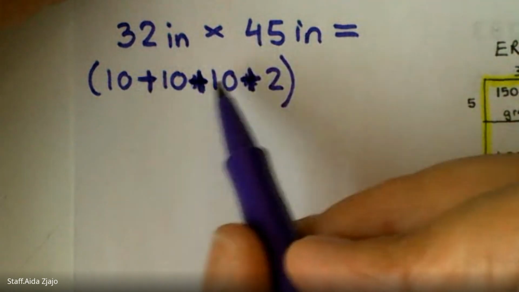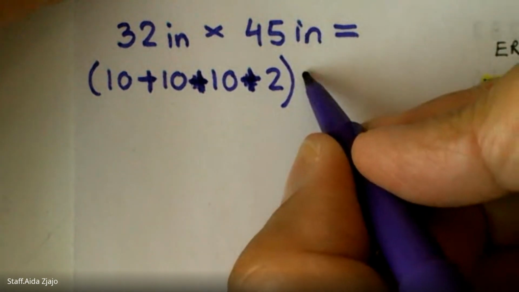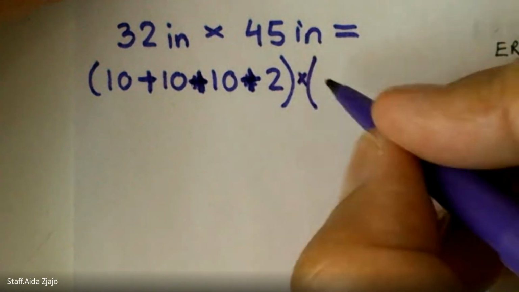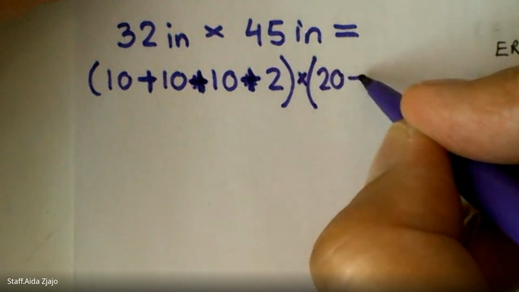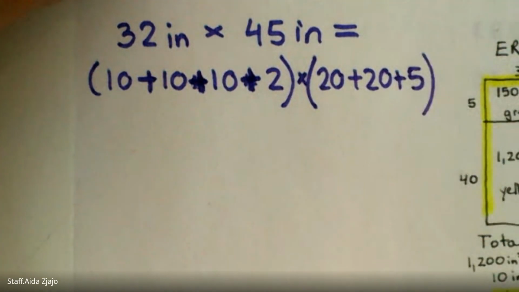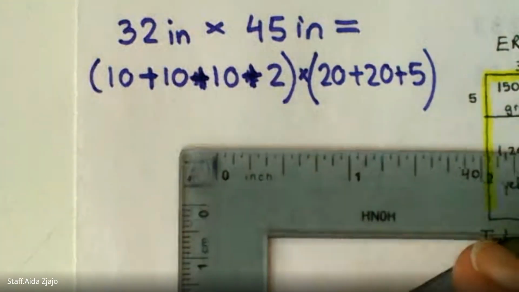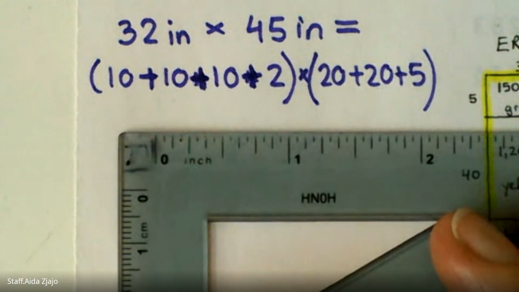I can make any of these a different color if I like. And then I can do 40 as maybe 20 plus 20 plus 5. There are several possibilities, guys. It can be my way or your way, so if you have another idea, you can do that too.